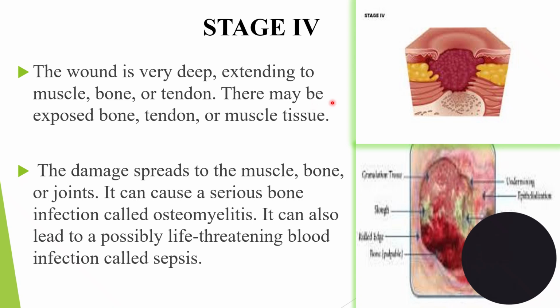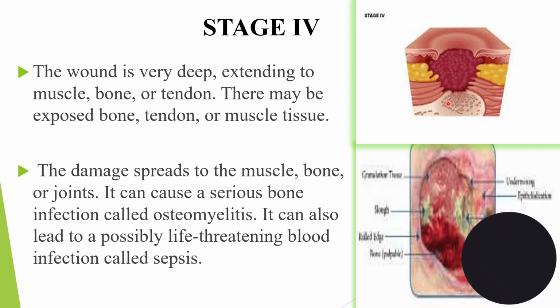So when you come to this, the wound is very deep. Here you can see involvement of muscle, bone and tendons. There may be exposure of the bone, tendon or muscle tissue. The infection easily spreads to the bone, muscle and joints, which may lead to osteomyelitis.